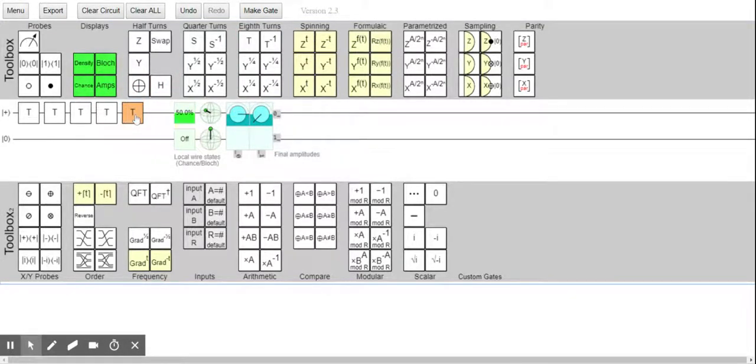I want that. Maybe. Because that's essentially... No, actually no, because what the bit flip error would do is mirror. So that's the mirror.